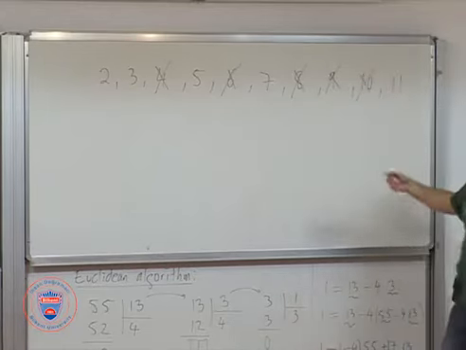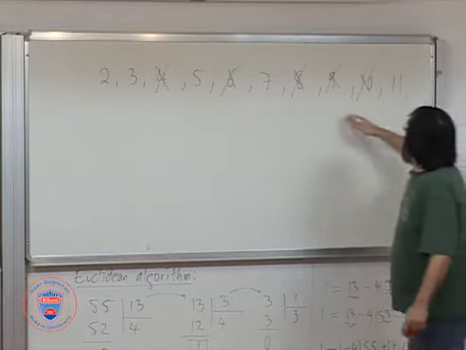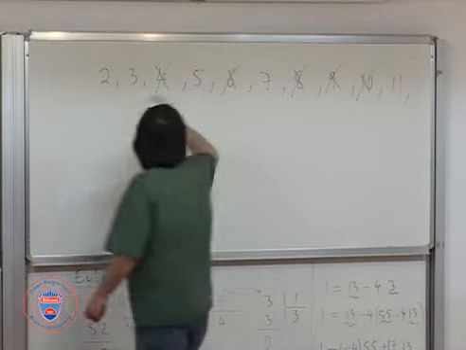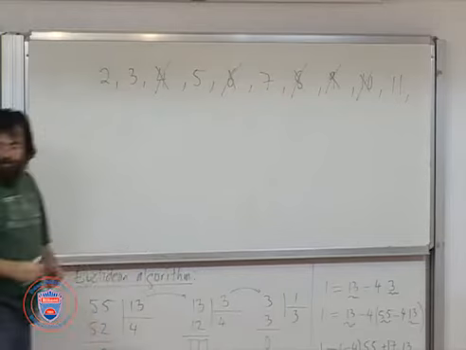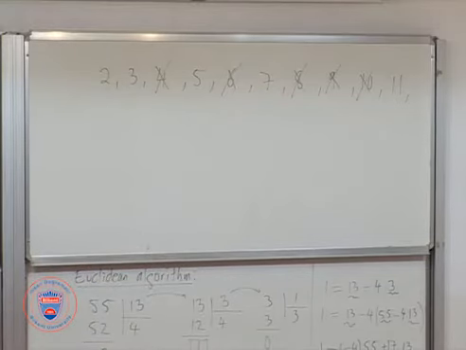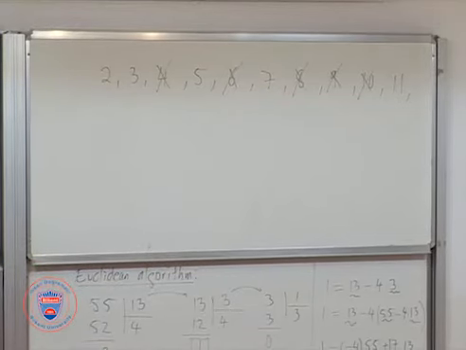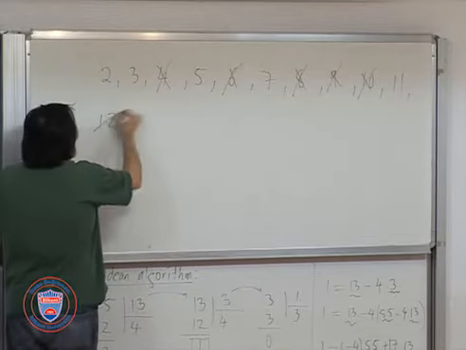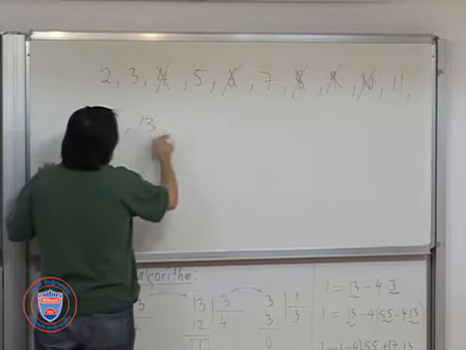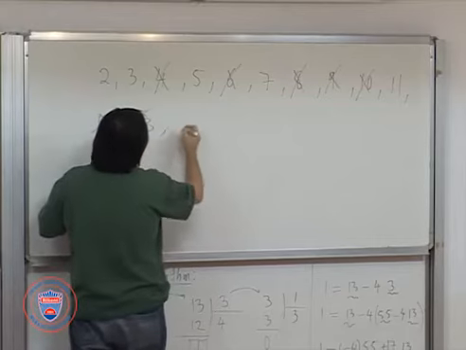So between 7, it's not true that every odd number is prime, right? Because you can have 9 which is divided by 3. So this is called the sieve method.